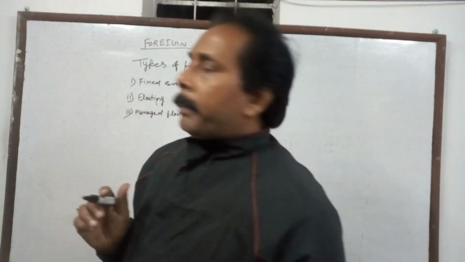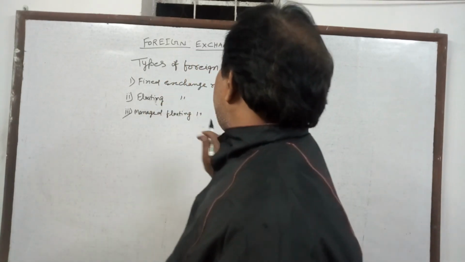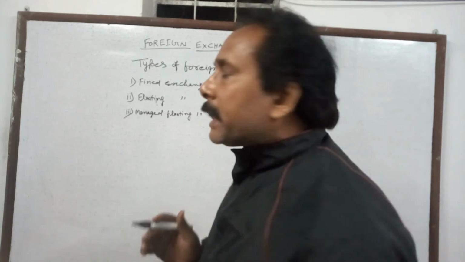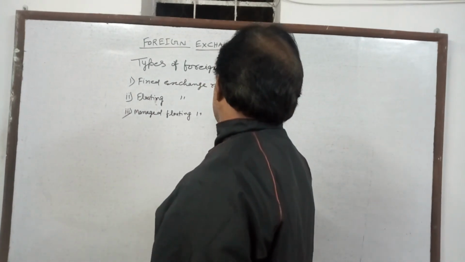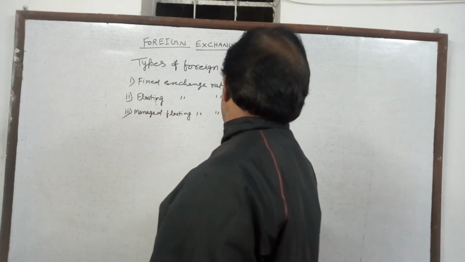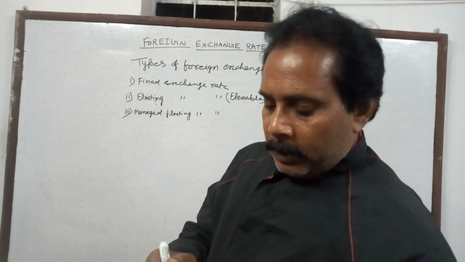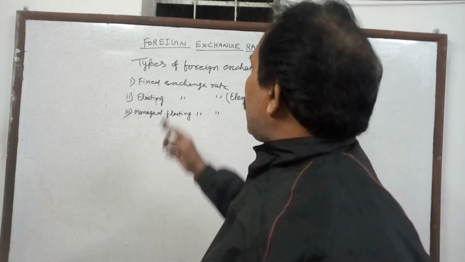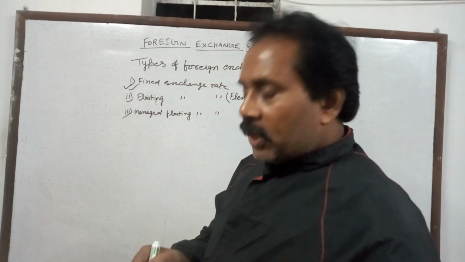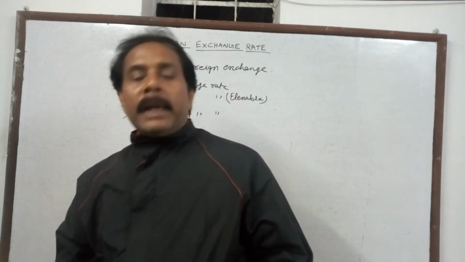So floating exchange rate is also known as, its other name is flexible. Flexible exchange rate. Okay. So first of all, I want to discuss, that is the fixed exchange rate. So what is fixed exchange rate?